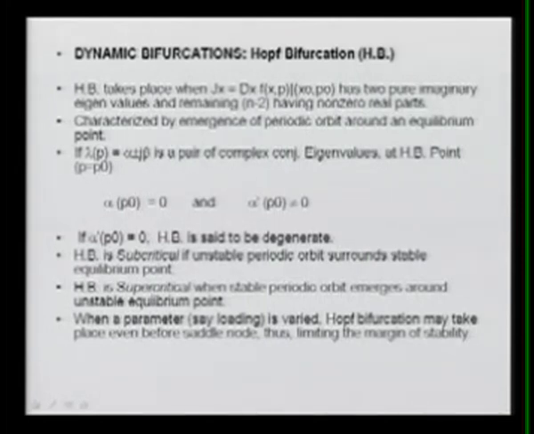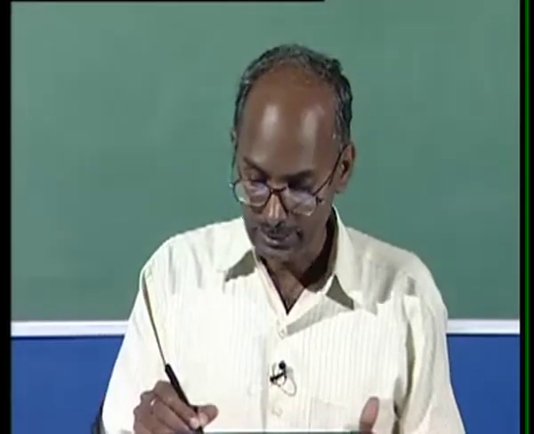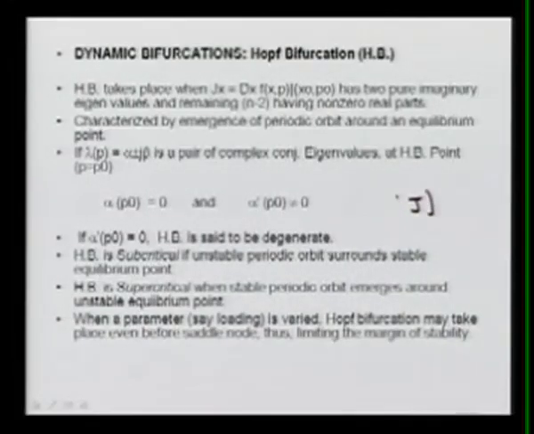Here I am talking about it. So, Hopf bifurcation takes place whenever the Jacobian has 2 pure imaginary eigenvalues and the remaining have a non-zero real part. Again you can see in the saddle node bifurcation, the Jacobian will have the determinant equal to 0, which means one of the eigenvalues will be 0, that is, it is rank deficient.